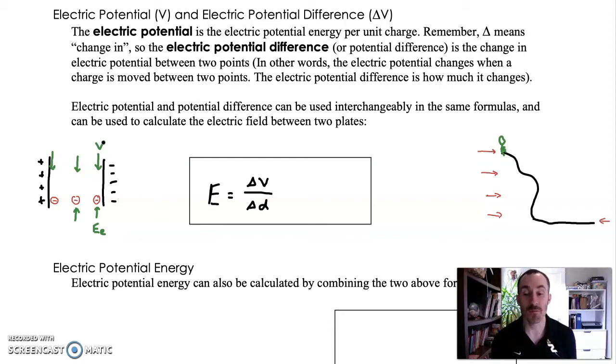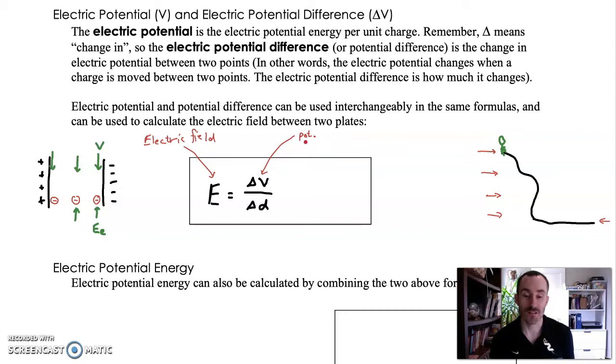And so we can measure electric field strength not just in newtons per coulomb anymore, but we can measure it in terms of volts per meter. So this E over here is still electric field. This change in V over here is potential difference.